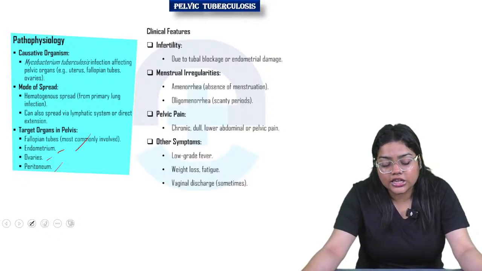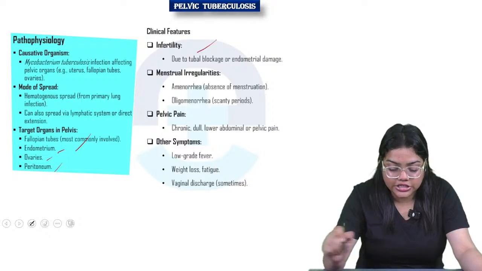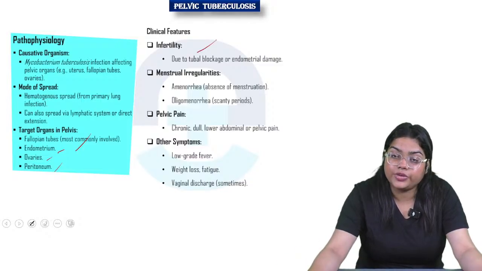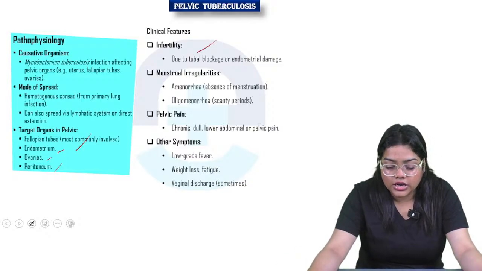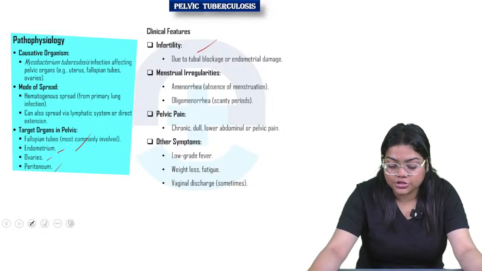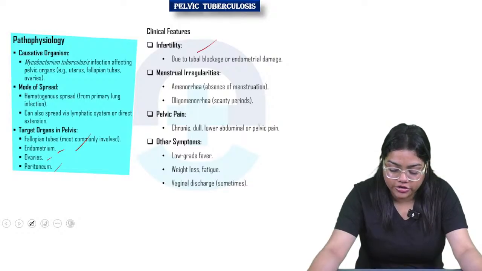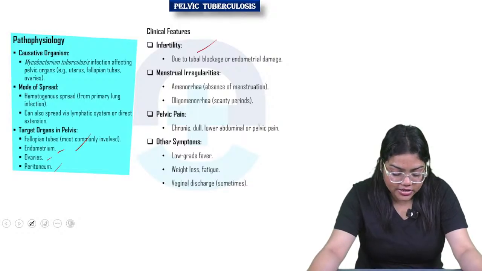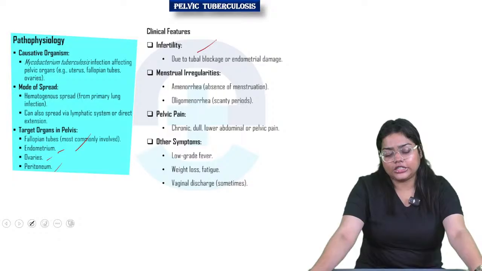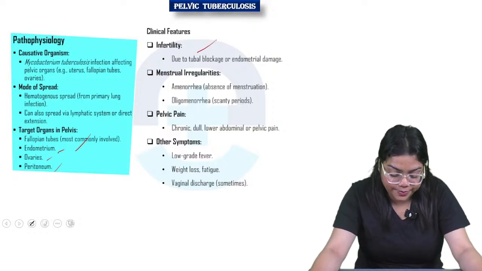The clinical features mainly are infertility due to tubal blockage and endometrial damage. Menstrual irregularities such as amenorrhea, absence of menstruation, and oligomenorrhea, scanty periods. Then pelvic pain, like chronic dull lower abdominal or pelvic pain.